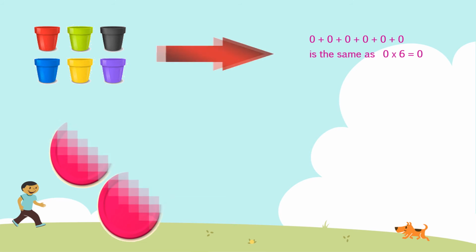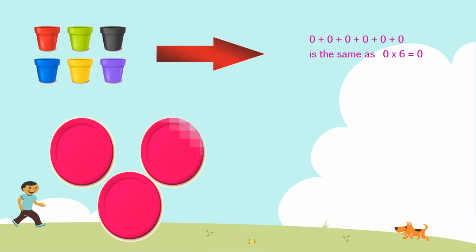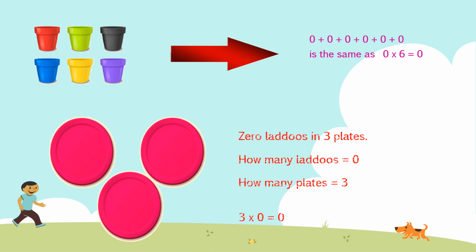In another picture, we will see that there are 3 plates and they are all empty. Nothing in it. Here we have 0 laddus in 3 plates. How many laddus, children? 0. And how many plates? 3. Correct.